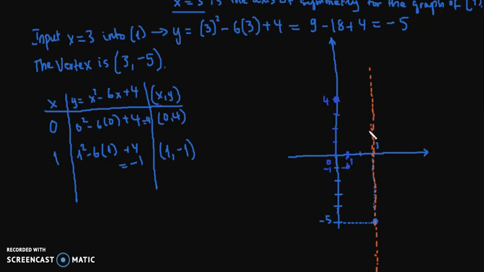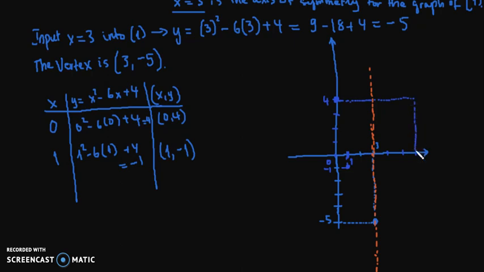So we also need to reflect across the axis of symmetry. The axis of symmetry is at 3, and the point at 0 is 3 units away, so we also reflect to 3 units on the other side.